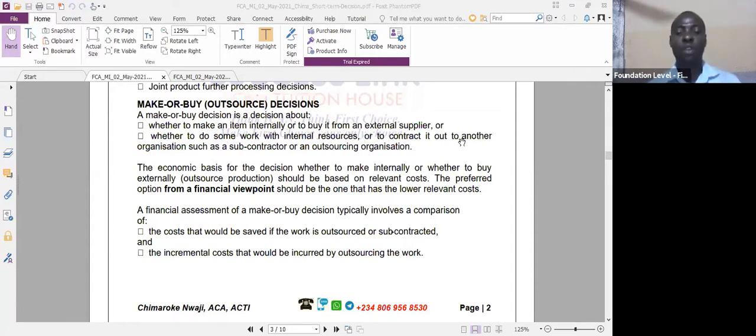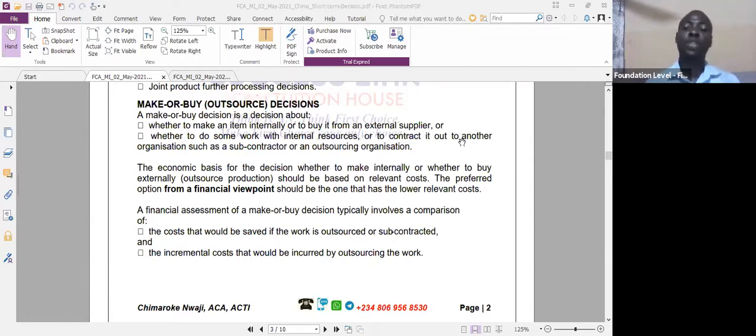These are called variable cost of production or variable costs to make. You don't put the fixed cost. Fixed costs will never change whether you make them or you buy them. So you take only the variable cost of making the product. Now, this is the decision to make internally.